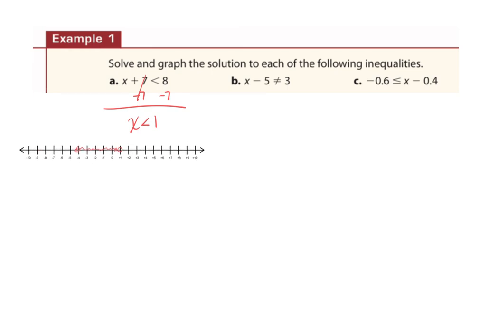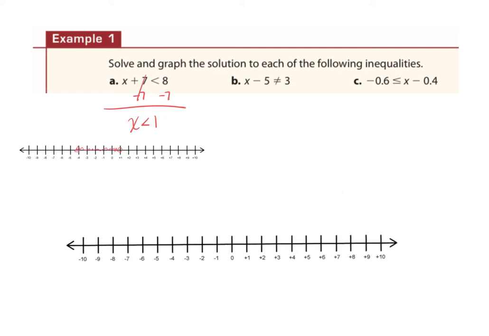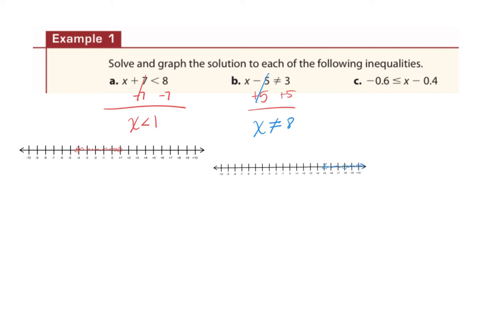In the equality world, we would just add 5 to both sides. So in the inequality, we add 5 to both sides. We get x is not equal to 8. If I'm graphing this, I put an open circle on 8 and everything that does not equal 8. So my graph for this one would look like that.